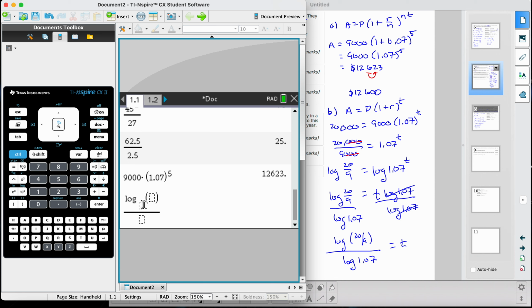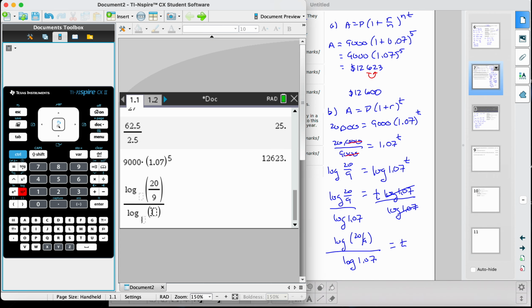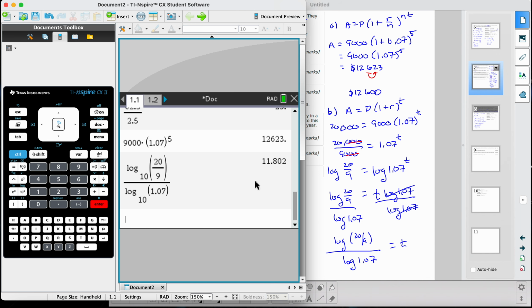I don't have to put anything here because I'm using base 10. So I am going to put the fraction again, 20 over 9. Down here, I need another log of 1.07. Boom. 11.802.